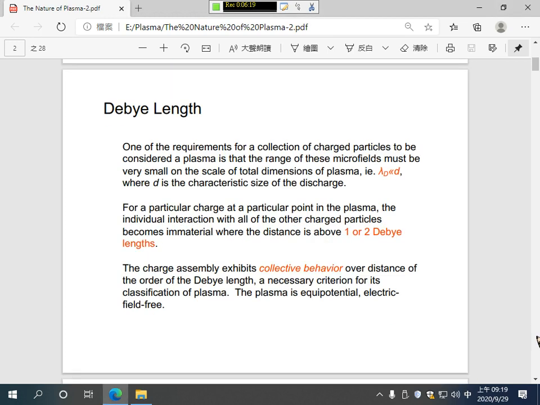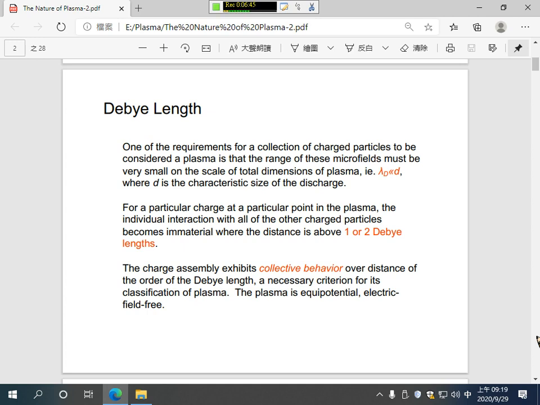So this page describes this phenomenon. If the scale we are looking at is much larger than the Debye length, then all these charged particles can move freely.